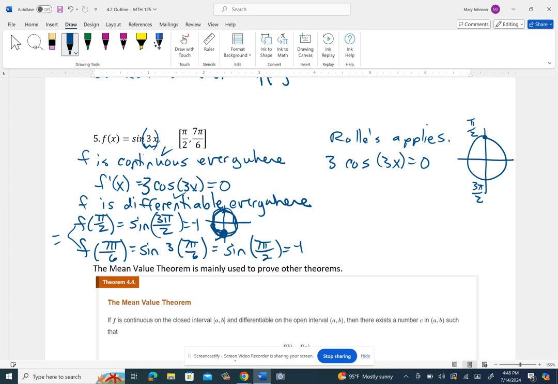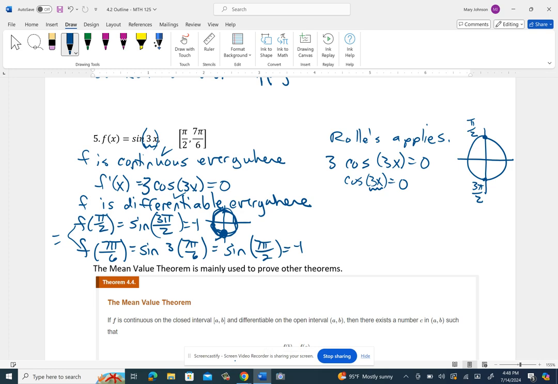Okay, so we need the cosine of 3x to equal 0. And we know that that happens when this angle right here, the cosine of an angle is 0, when you hit pi over 2, 3 pi over 2, or any angle that's going to wind up at one of those two places.